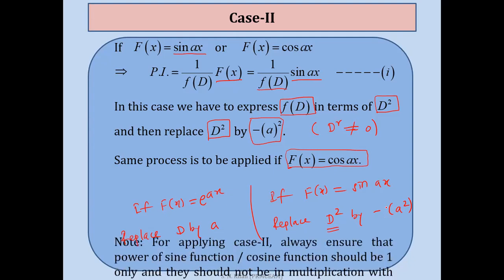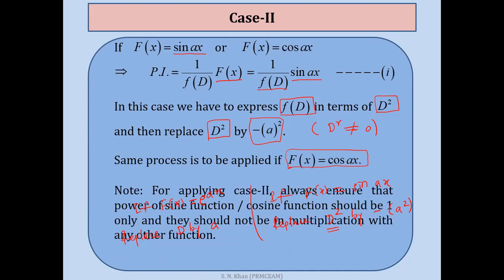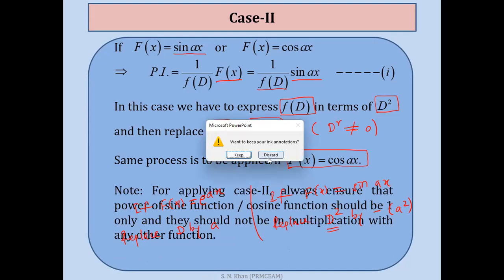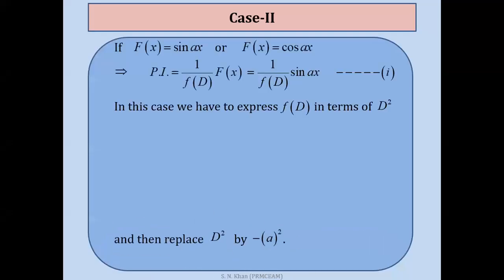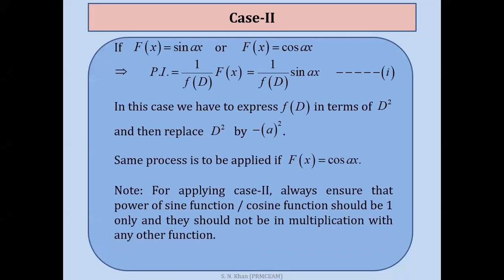Okay. So before moving to the problem, there is a note regarding case number 2. For applying case number 2, we always have to ensure that the power of the sine function or cosine function, sine ax, cos ax, which we have written here as the standard function, should be 1 only, meaning it should always be in linear power.